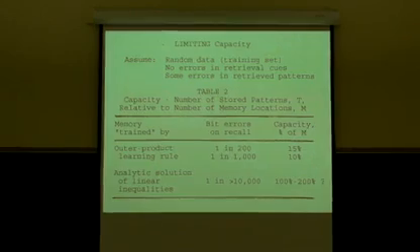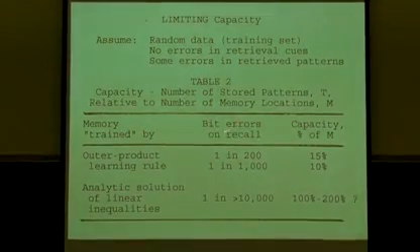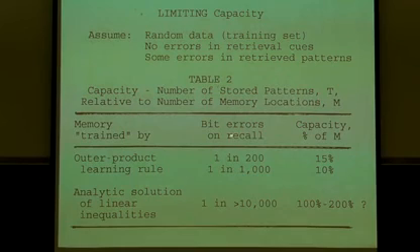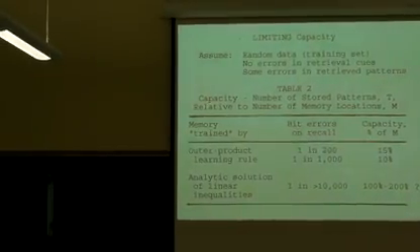If we allow memory to produce a small number of errors on retrieval and train it without a product learning rule, then the capacity is about 10 to 15% of the total number of granule cells. The granule cell is the one that marks a memory location. It's the one that is activated and then runs through.